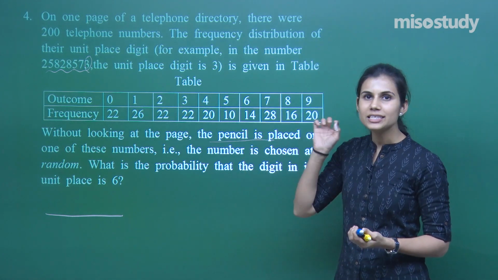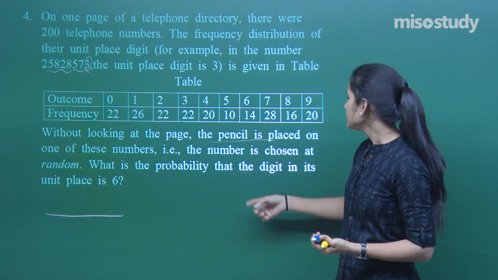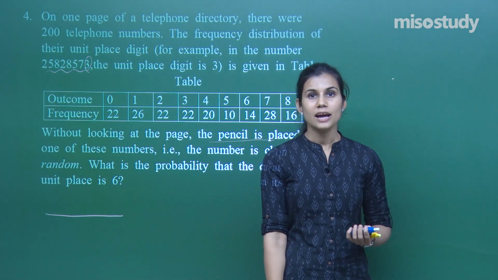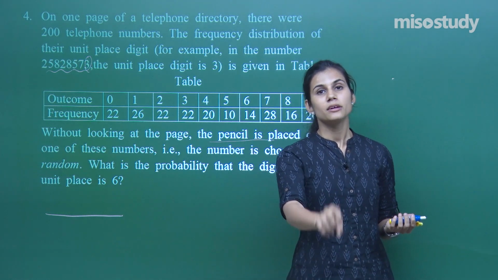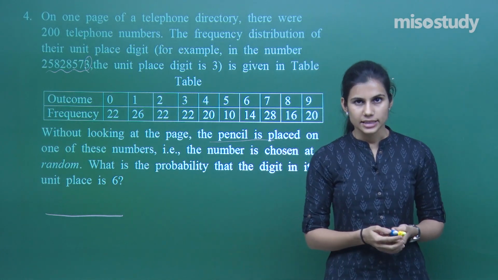Over here, I will say the total number of outcomes is 200, and I have to find the probability that the digit in the unit place is 6. I have to find the probability that the phone number being selected has unit digit 6.